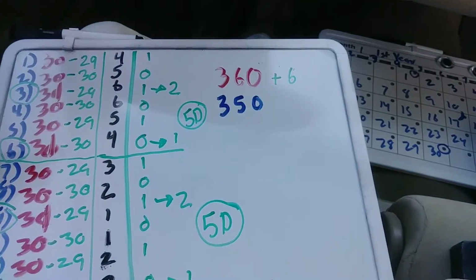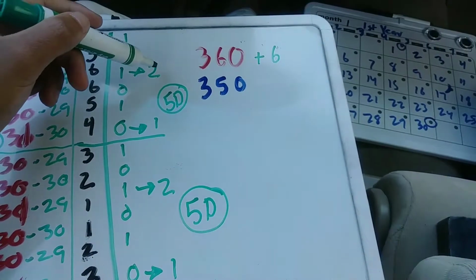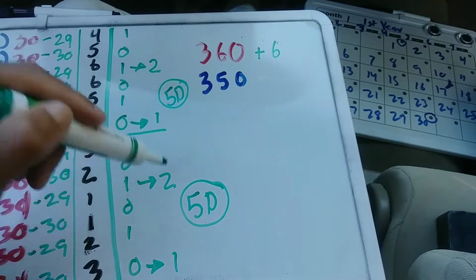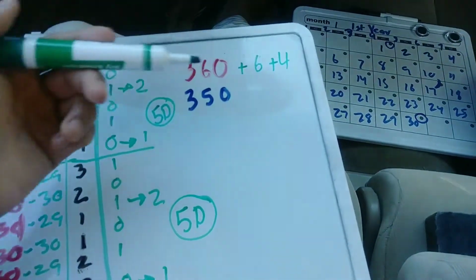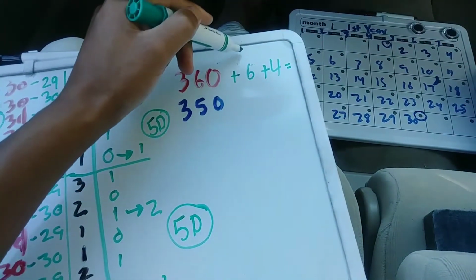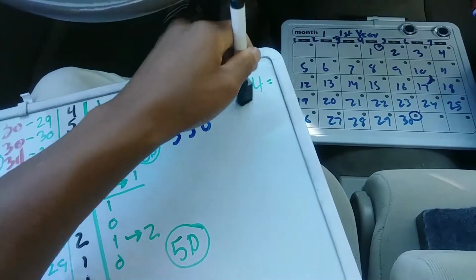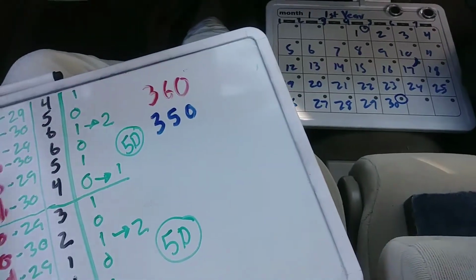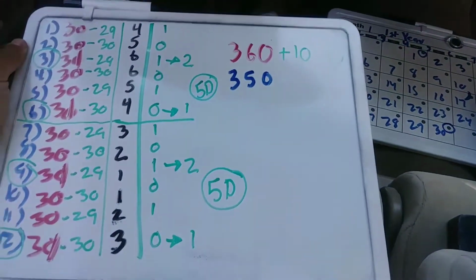Here are the 10 days. So we gained 1, 2, 3, 4 days, plus 4, right? That would mean that the sun has an overplus now of, you guessed it, 10 days.